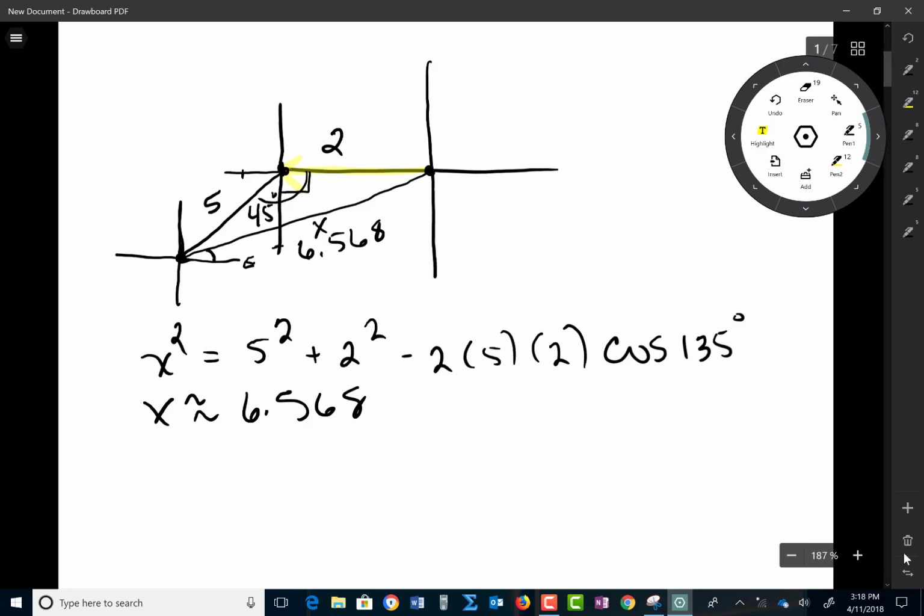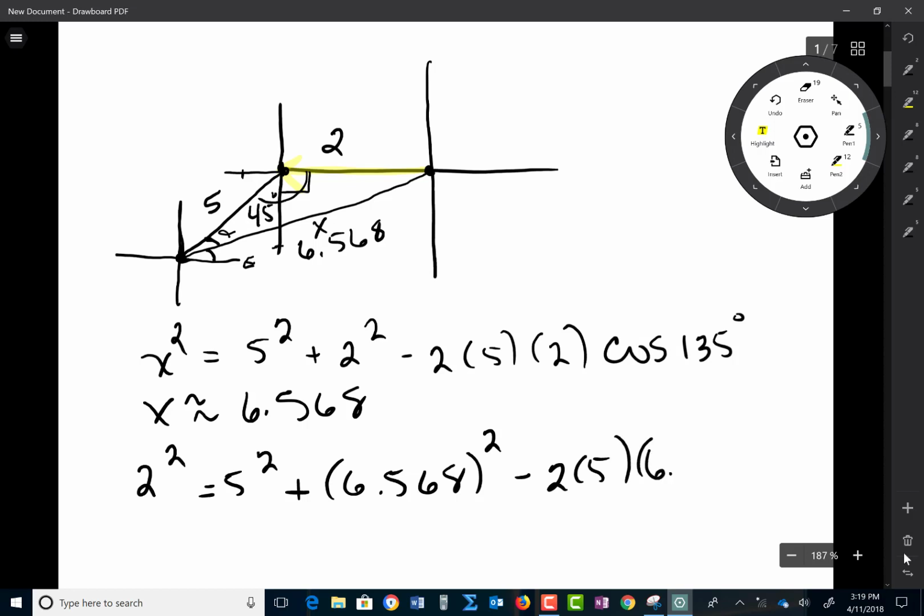So what I did is I found this one, because I could again use the law of cosines, and I called that one alpha, and I did 2 squared using the law of cosines is equal to 5 squared plus 6.568 squared minus 2 times 5 times 6.568 cosine of my angle, which was alpha.